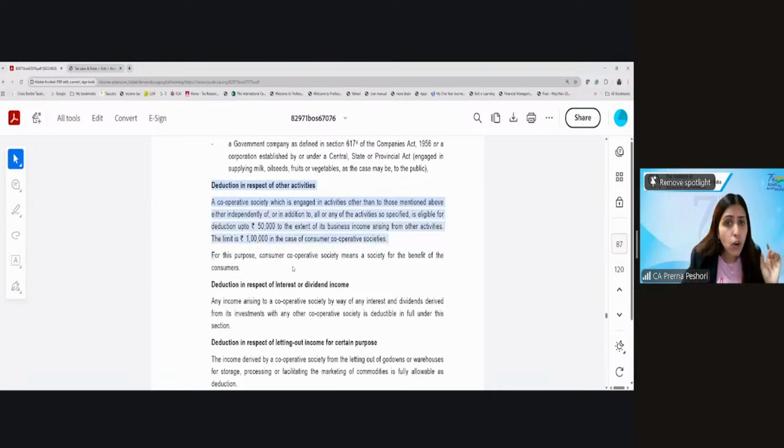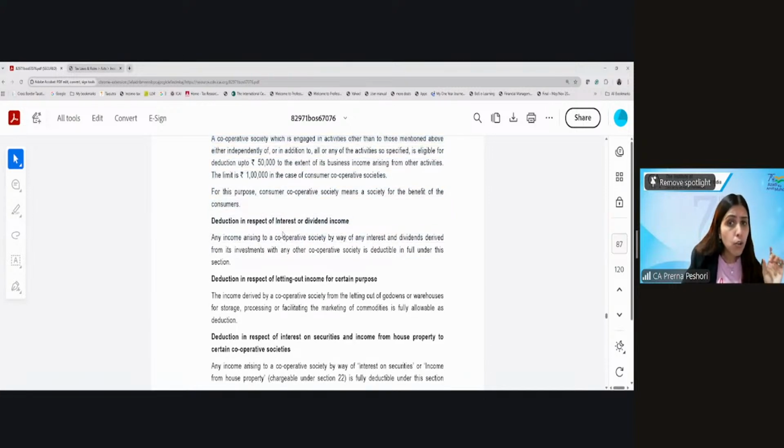The interest or dividend income which is earned by the cooperative society on account of its investment with another cooperative society. So if a housing society has its deposits with a cooperative bank, or holds the shares of another cooperative society, any interest or dividend that it has earned will be entirely allowed as a deduction under 80P.